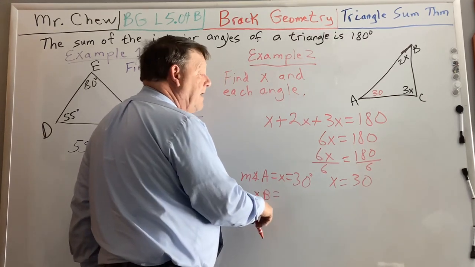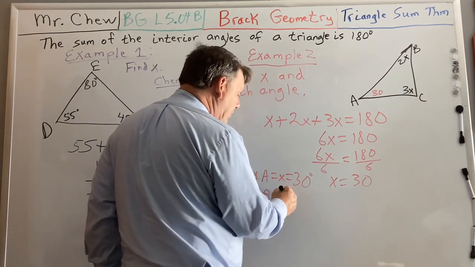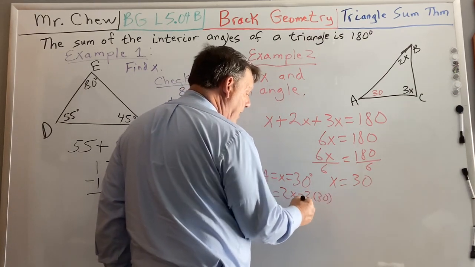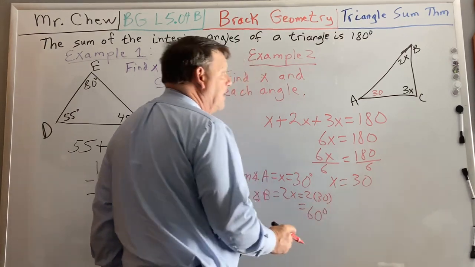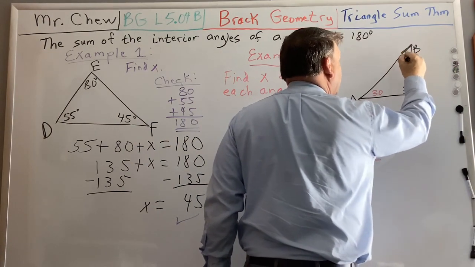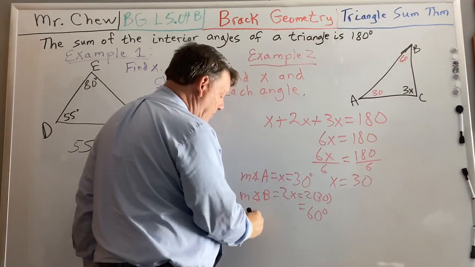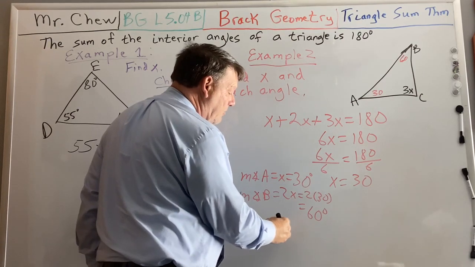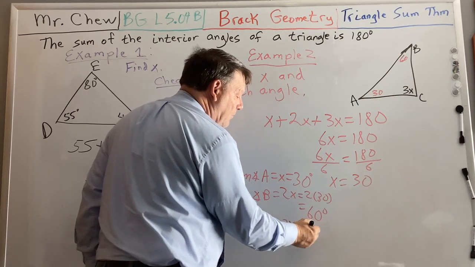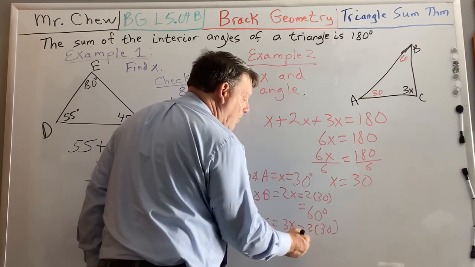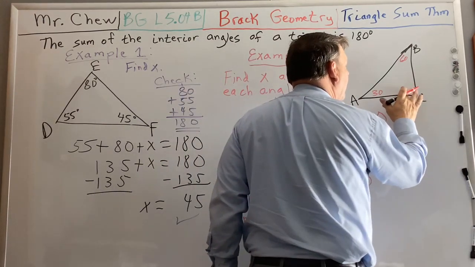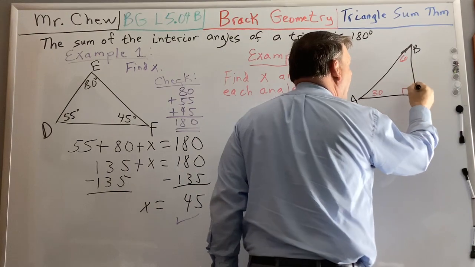The measure of angle B will equal 2 times x, which is 2 times 30, which is 60 degrees. So I could go up here and write a 60 in here. And the measure of angle C is 3 times x, which is 3 times 30, which is 90 degrees. So this is a right angle here. We could actually mark that to show it's a right angle.